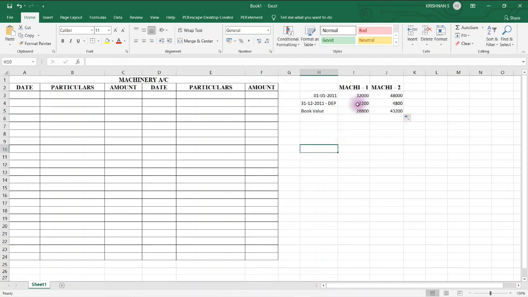So here we have calculated depreciation for the first year. At the beginning of the second year, the book value of machinery 1 is rupees 28,800, and machinery 2 is 43,200.